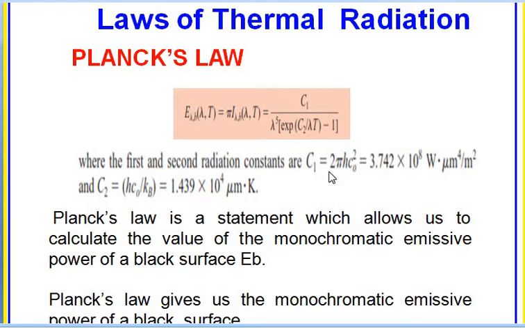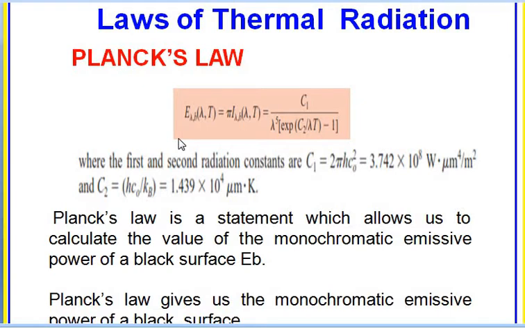This can also be calculated by 2 pi h C0 square. The value of C2 is equal to 1.439 into 10 raised to 4 micrometer Kelvin, which is also calculated using the formula h C0 by k B.